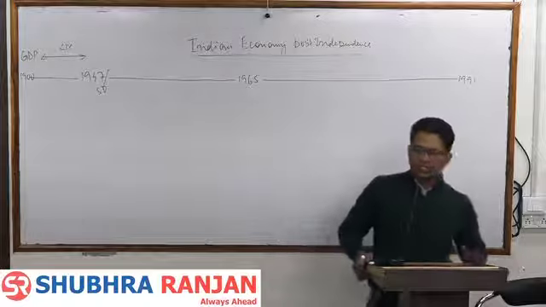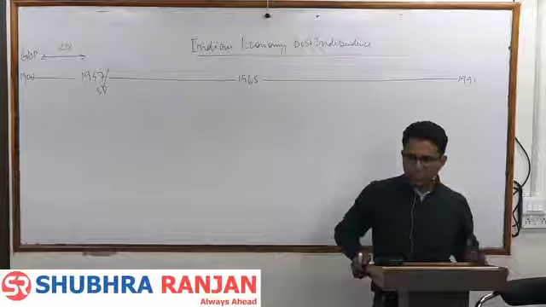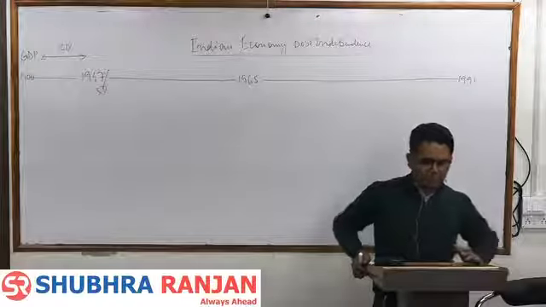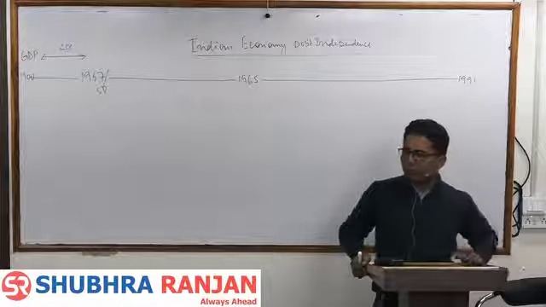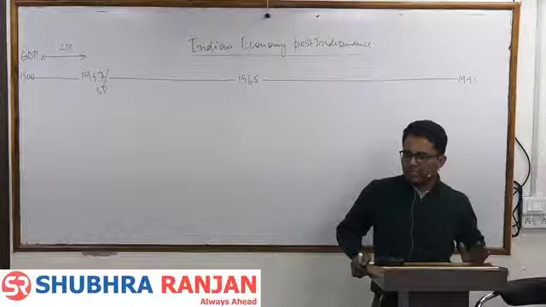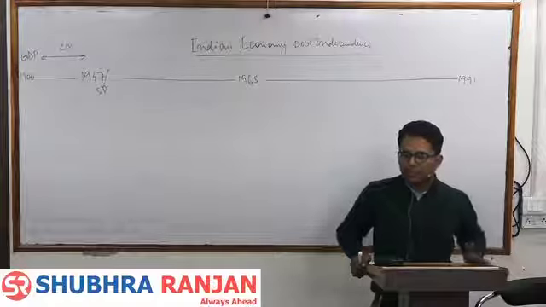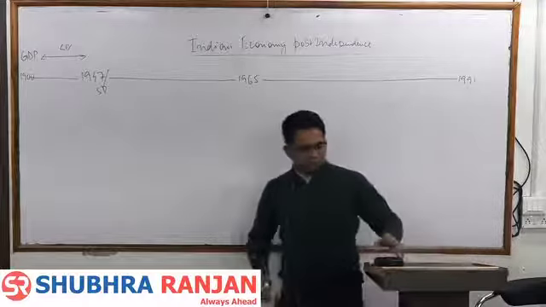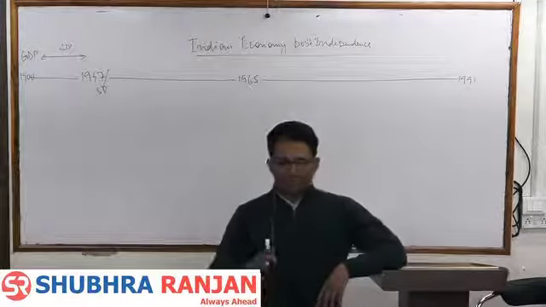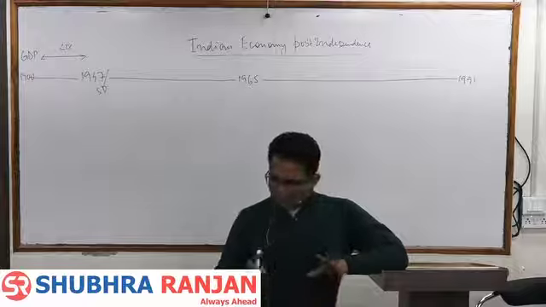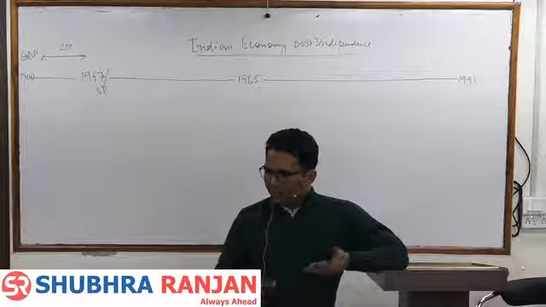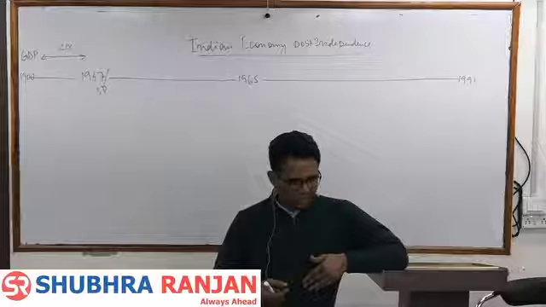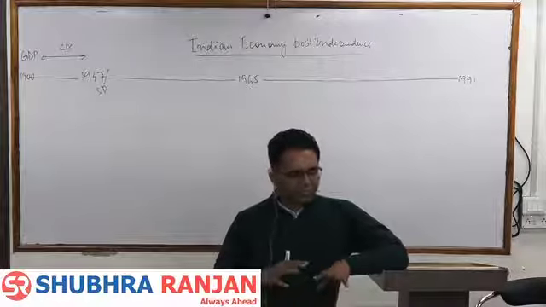Then regarding consumption and capital goods: regarding capital goods, were we producing on our own or importing? 70 to 80% of the capital goods requirement we were importing. And regarding consumption goods, the level of consumption in India was very less. Per capita consumption was very less. So we were surviving on very less consumption.